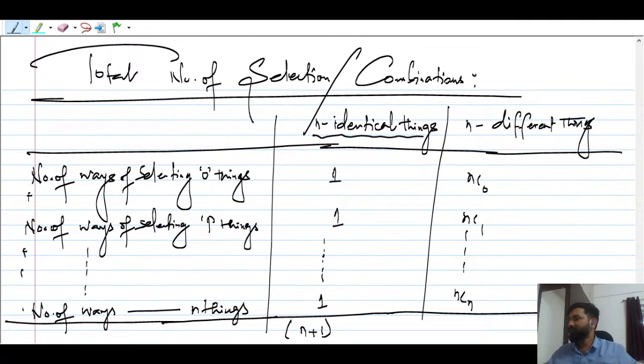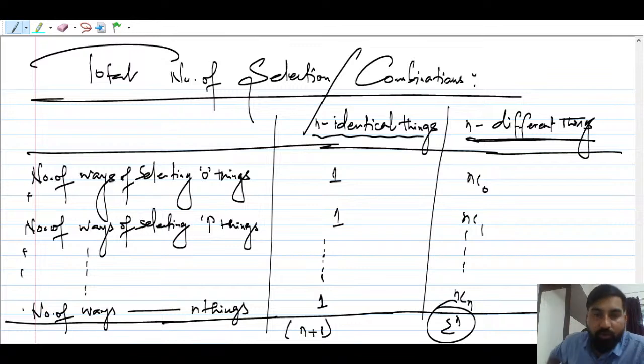And if there are n different things and you add nC0 plus nC1 up to nCn, it will be 2 to the power n. I think many of you might have seen binomial coefficients. Binomial coefficients are very important, and they say the sum is 2 to the power n. Remember this.